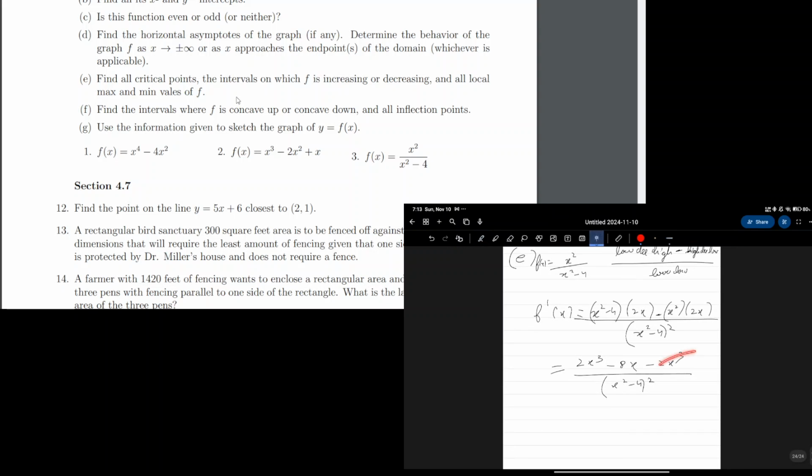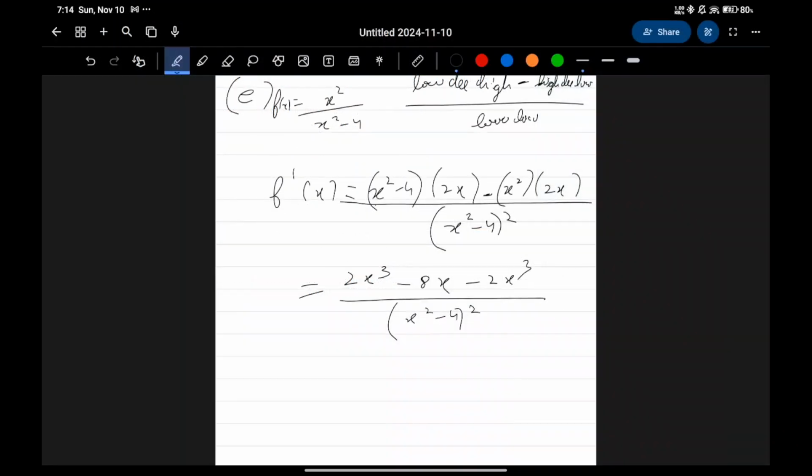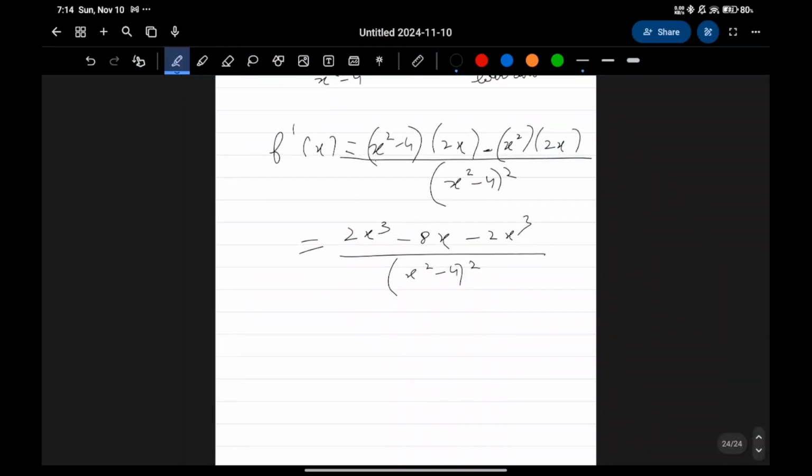So I can cancel these and these out. Actually, am I sharing my screen? Let me share it fully. Okay. Now these and these cancel out. So we have negative 8x over x squared minus 4 to the power 2 remaining. So f dash x.